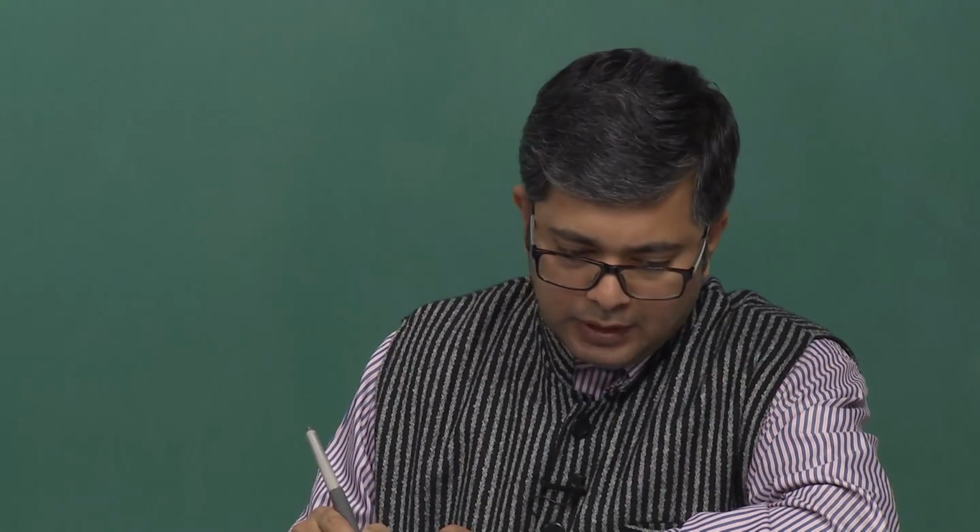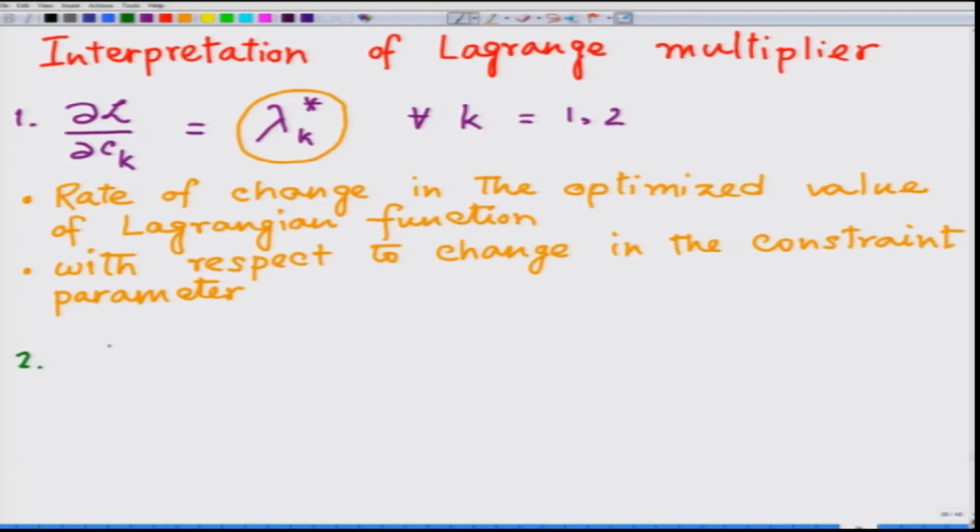That is what we have seen under the heading of comparative statics. Now, we are going to follow that approach to interpret the Lagrange multiplier. So, suppose we are changing parameter 1, and that is c1.